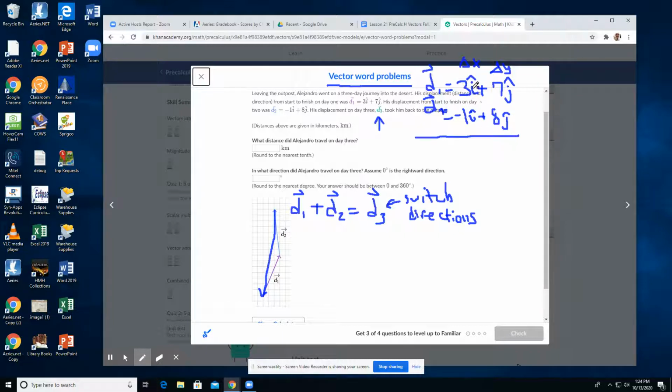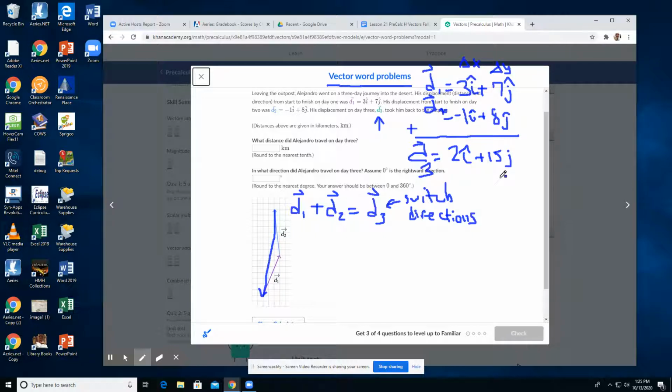Luckily, it's already in component form here, so we're just adding straight down. For my D3, where I've added them together, it's equal to 3 minus 1, which is 2, and that's the component for i, and plus 15, that's our component for j.